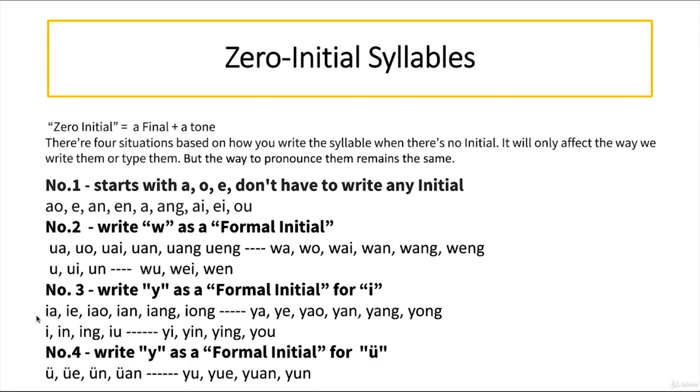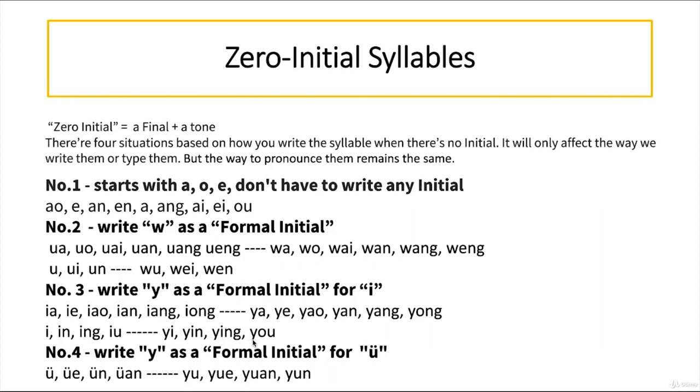So for Ya, Ye, Yao, Yan, Yang, Yong, we'll make them YA, YE, YAO, YAN, YANG, YONG. And for I, In, Ing, and Iou, we will just write or type them as YI, YIN, YING, or YOU.